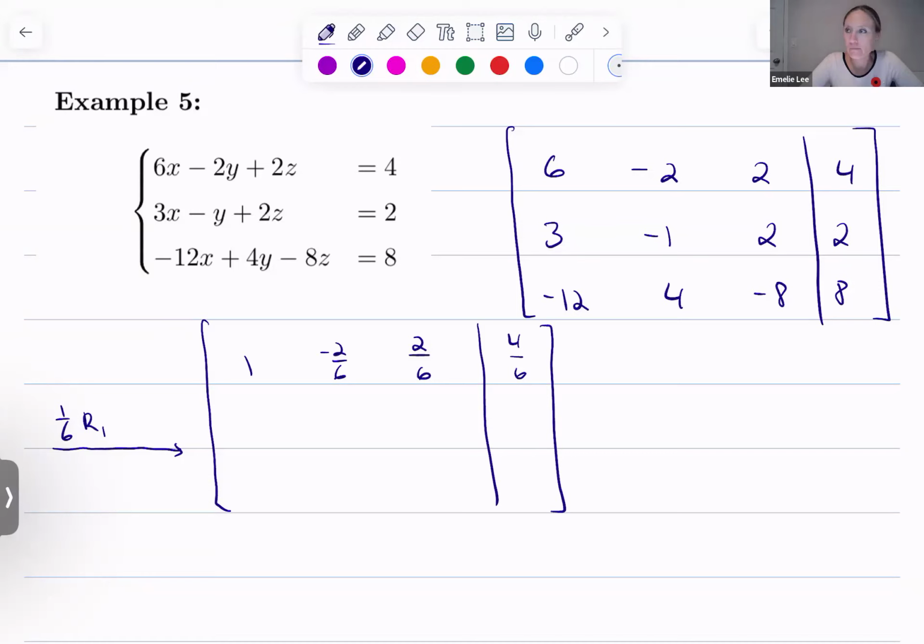But let's just leave them. So row 2 and row 3 are unchanged: 3, -1, 2, 2 and -12, 4, -8, and 8. So now, next thing, going through the same procedure that we have been doing: if I need to turn this 3 into a 0, then I'm going to take row 2 minus 3 times row 1.